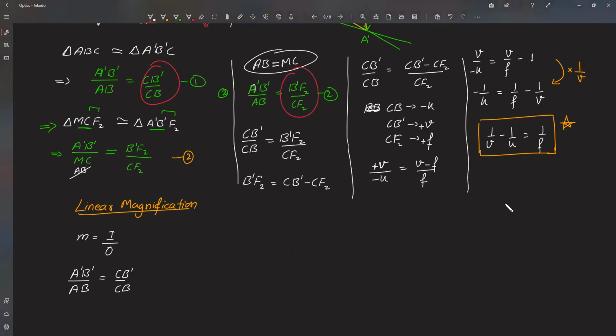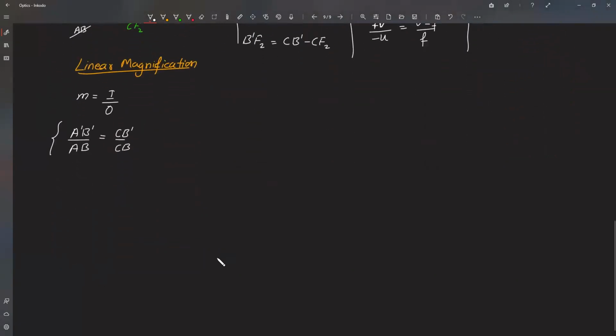I hope you understood this. So from there, I have the formula for magnification now. You just have to substitute the values. So this A dash B dash is, let's say, the size of the image, and it is on the top.